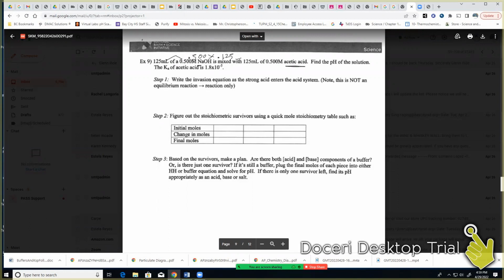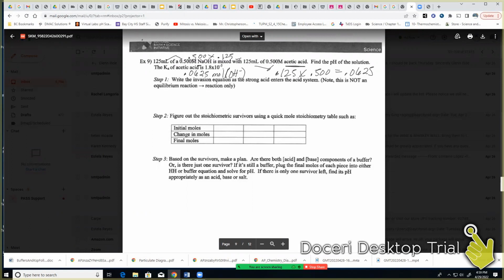That means I end up having 0.0625 moles of my sodium hydroxide, and out of that I'm interested in my hydroxide. Since it's a base, that's going to be my invader. Over here I do the same thing, 0.125 times 0.5, and that gives me 0.0625 moles of that one also.